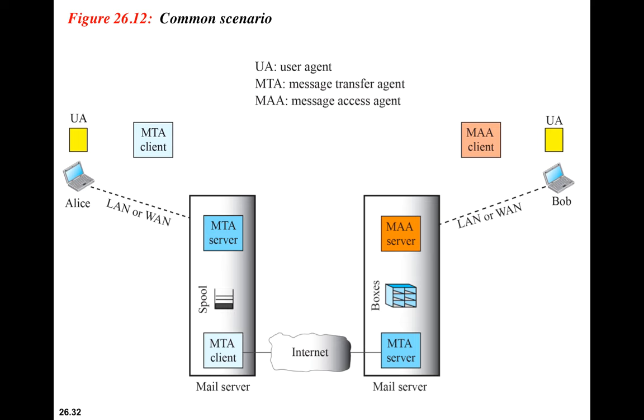You have Microsoft Outlook, you have Eudora, different types of email clients that we have. So in this scenario, we are looking at how an email is sent and received using the user agents, right? So both sides are using a user agent, an email client.